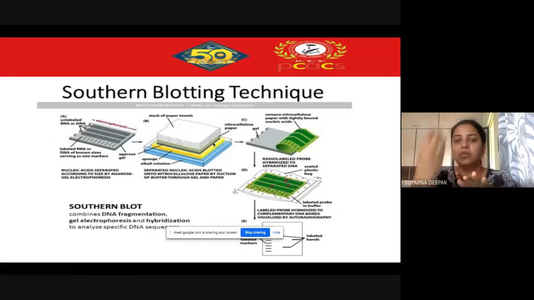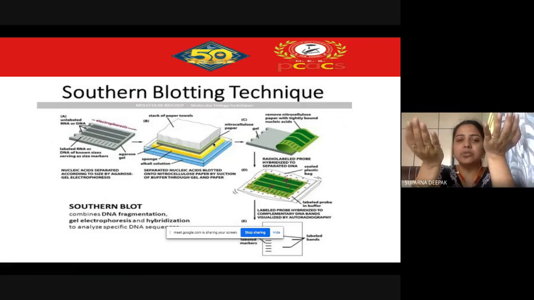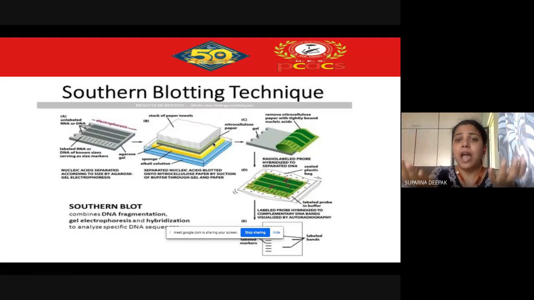So when the water molecule is pushing through these pores, what will happen? The DNA would be pushed out of the pores where they are bigger, and then it will get stuck into this nitrocellulose paper. Further pushing is still going on, but the nitrocellulose paper is having small pores. Hence, it will not be able to move away from this nitrocellulose membrane, and it will get stuck onto this.